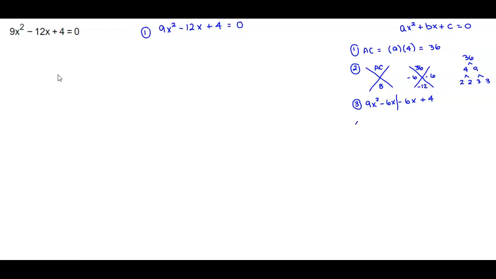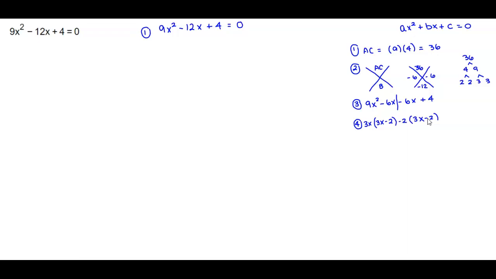And now we're going to factor by separating the first two terms and the last two terms. Now, what is the greatest common factor that we can factor out of the first two terms? Well, it's going to be 3x. And then what's left is 3x minus 2. Now what's left over here is also 3x minus 2. Now what can we multiply to get 3x, to get negative 6x from 3x? Well, that's negative 2. What do we need to multiply by negative 2 to get 4?